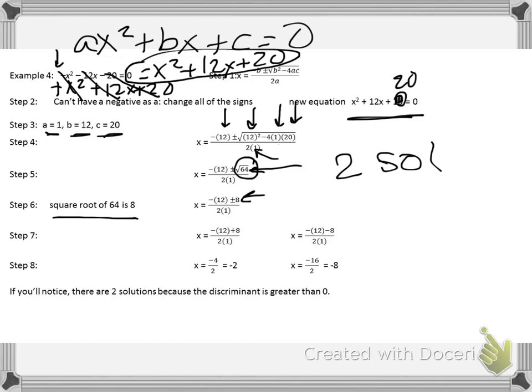So now I have -12 plus or minus 8 divided by 2 times 1. I still have to do 2 equations because I have a plus minus here. So it's going to be -12 plus 8 divided by 2 times 1, and -12 minus 8 divided by 2 times 1. -12 plus 8 is -4. 2 times 1 is 2.